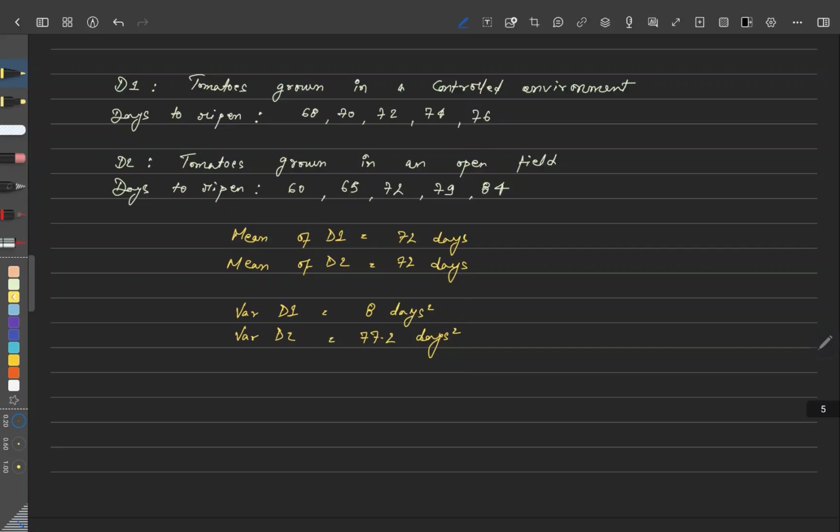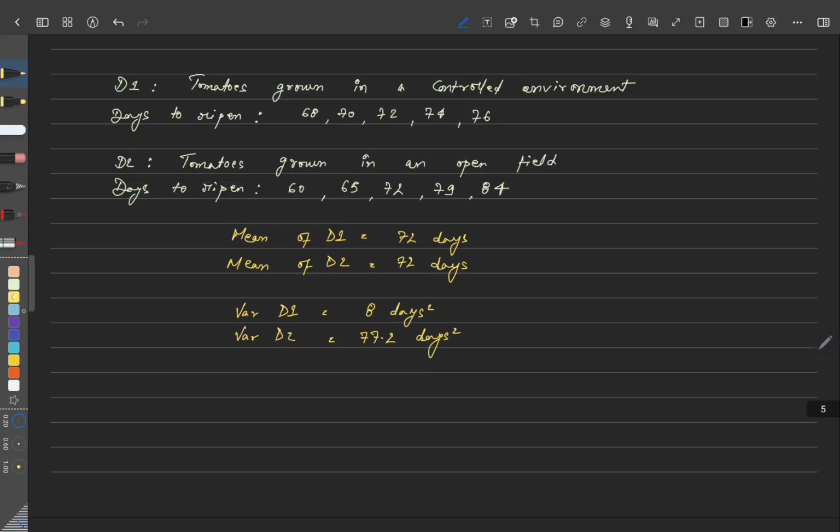Even though the mean is telling us that everything is the same, variance tells us a lot more, that something is different. Now let us try and find out what that difference is and what it means to us.